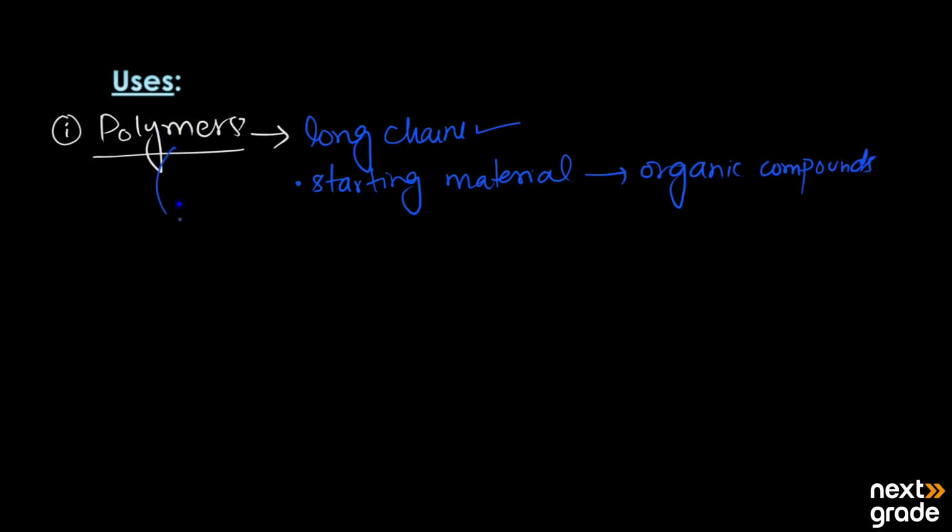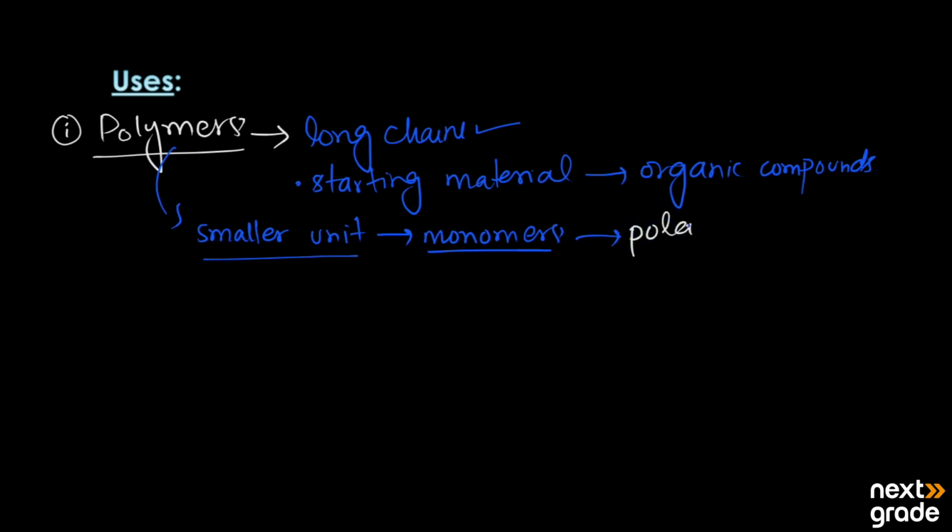In polymers, smaller units known as monomers combine to form large units. Those large units are known as polymers. Polymers are the larger units in which alkenes and alkynes make larger molecules.